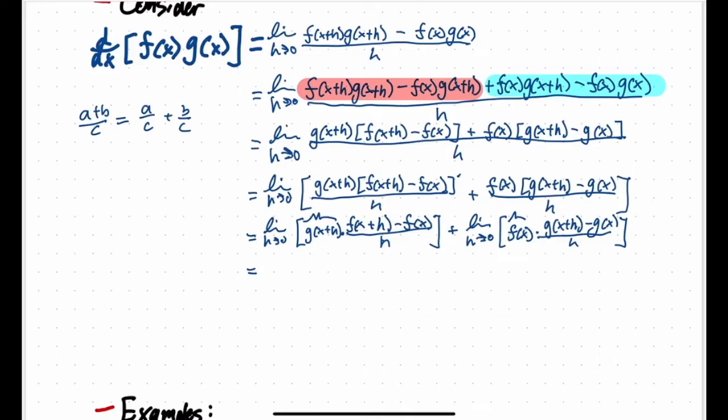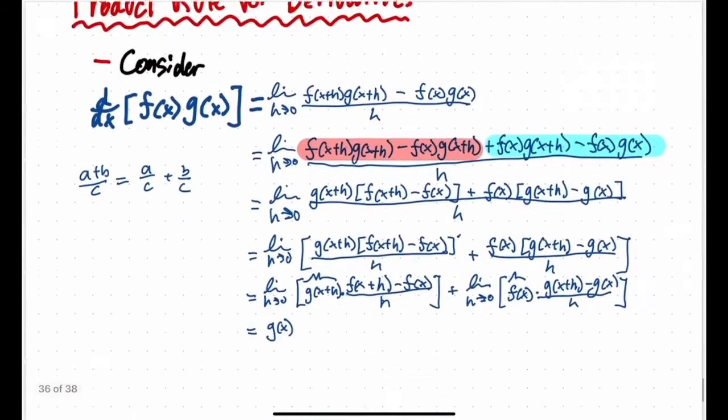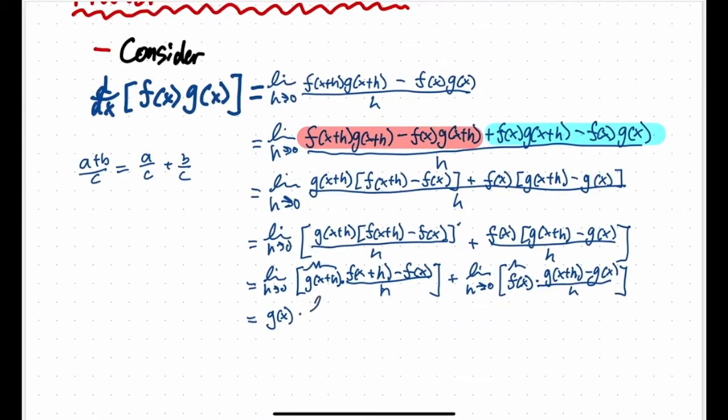So we can say g of x, whatever number that is, as a constant, times the limit as h approaches 0 of f at x plus h minus f of x over h, plus, same case here, f of x is always going to be a real number at x, so we can take it out. f of x times the limit as h approaches 0 of g at x plus h minus g at x over h.